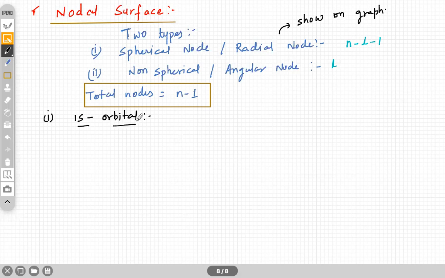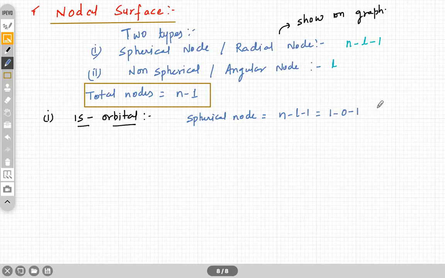So for 1s orbital, the number of spherical nodes is n minus L minus 1. So n value is 1, L value is 0, minus 1, that is 0. There is no spherical node. Angular node, if you can count here, is also 0. So there is no node here for 1s.